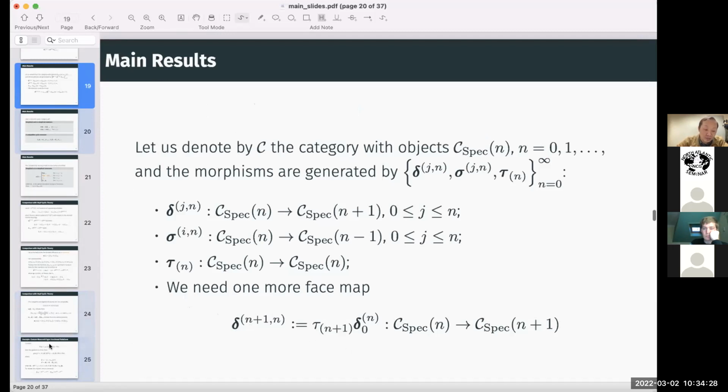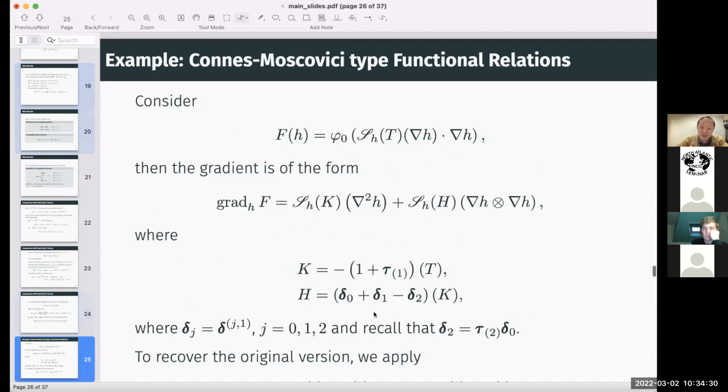So here is a new interpretation of the functional relations of Connes' curvature in terms of this quasi-cyclic, incomplete cyclic theory.